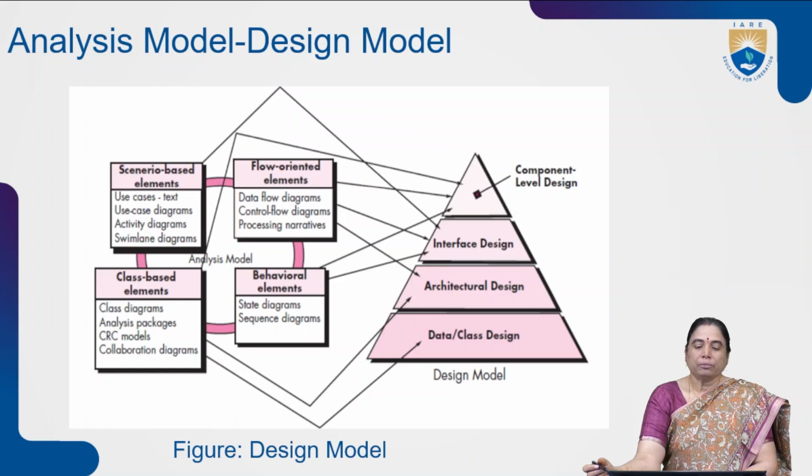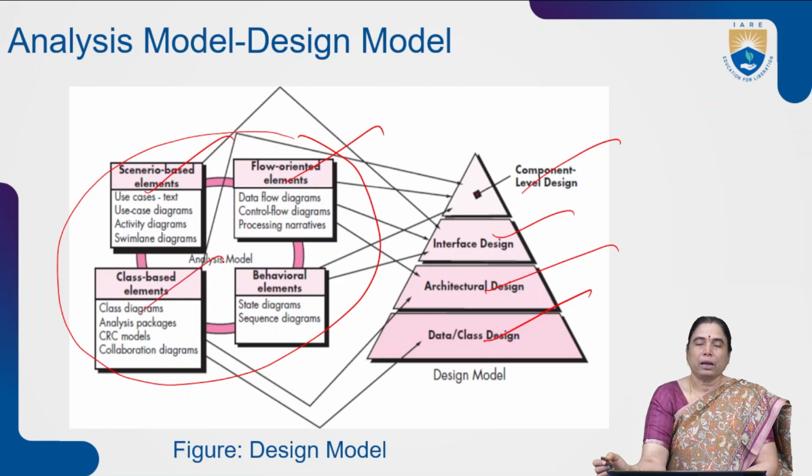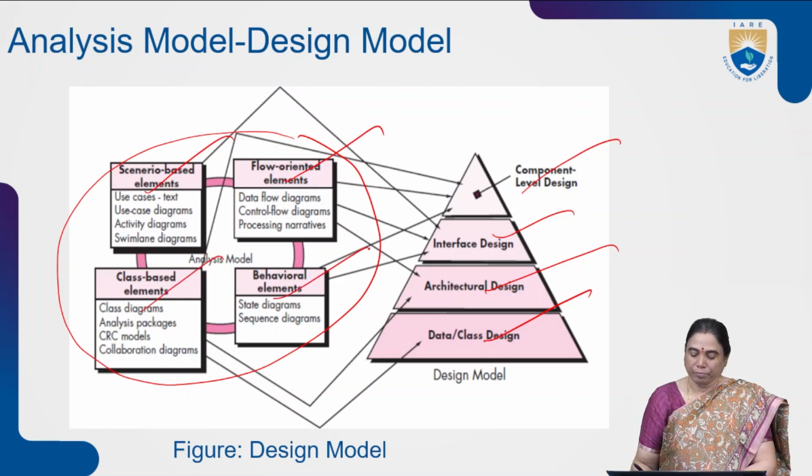The design model is generally converted into the data or class design, architectural design, interface design, and component level design, with the four requirement model elements: scenario based elements, flow oriented elements, class based elements, and behavioral elements.